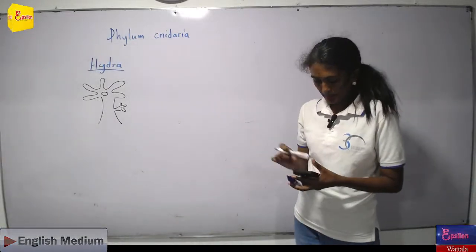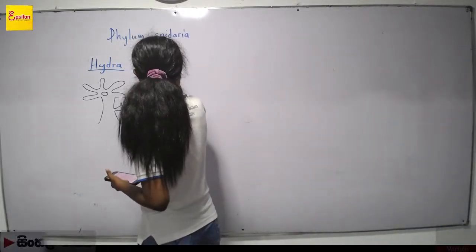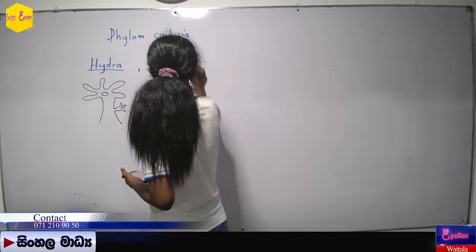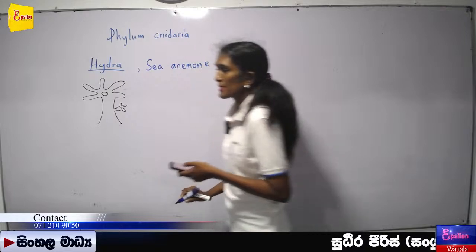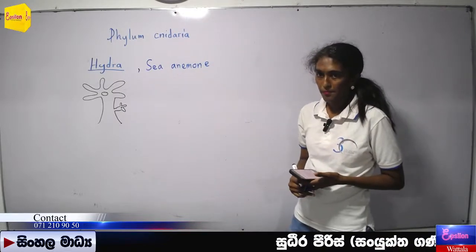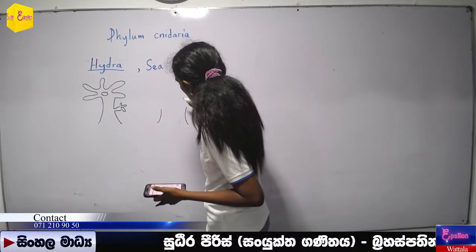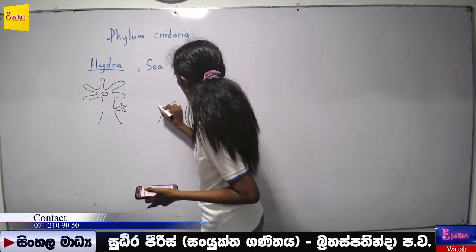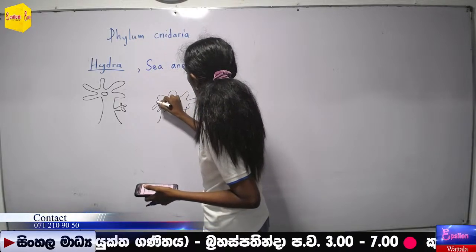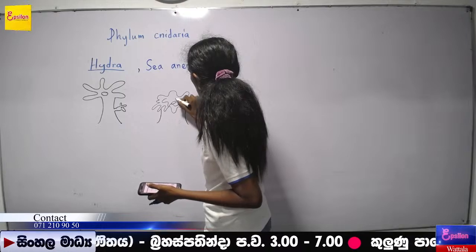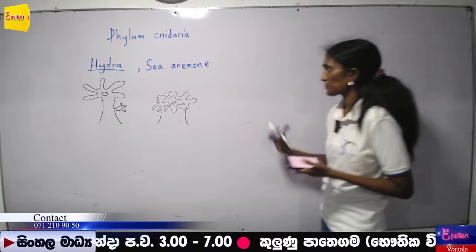And the second example is sea anemone. What kind of organism is that? It is also a similar kind, a bit fat and having more tentacles around the mouth. Okay, and then I'm going to Obelia.